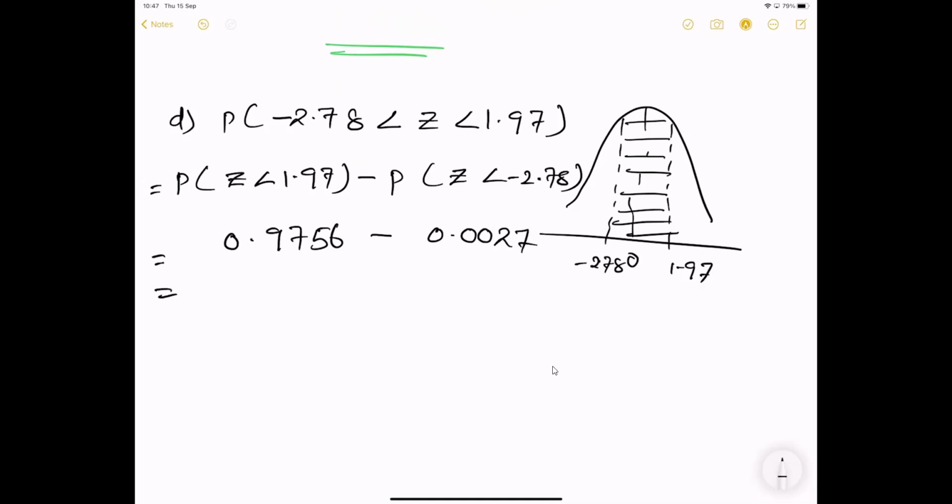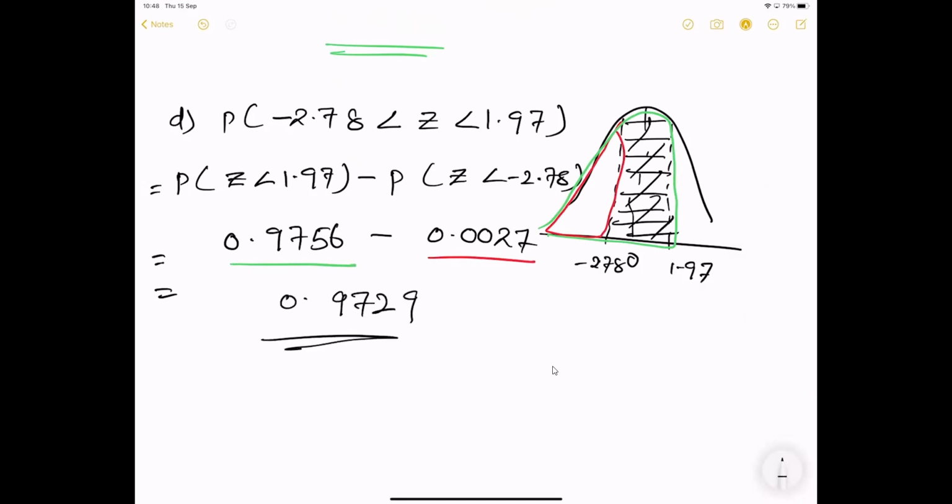This is this area. Then the total area equals this one. If we subtract those two values, we get this area, and that should be 0.9729.